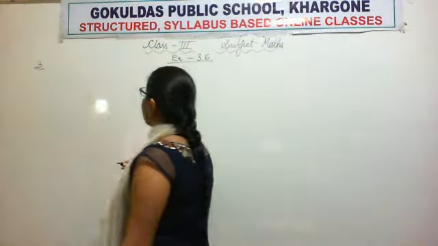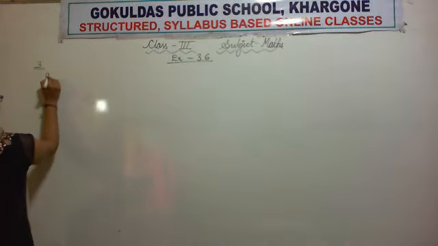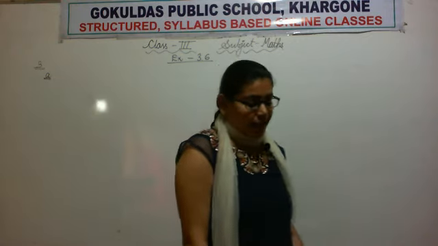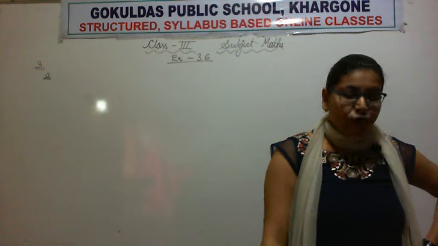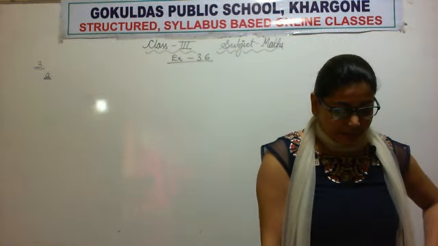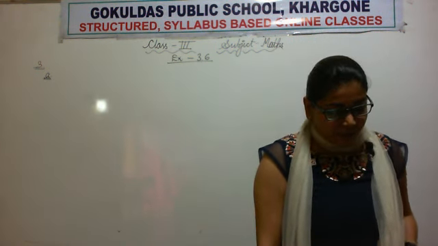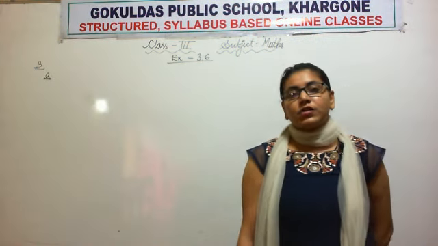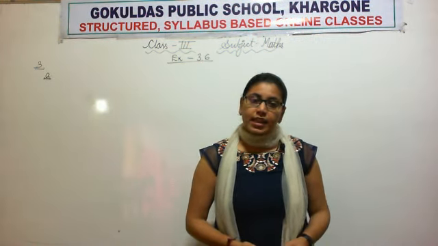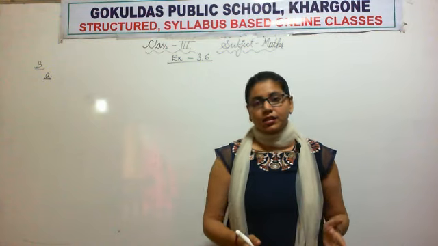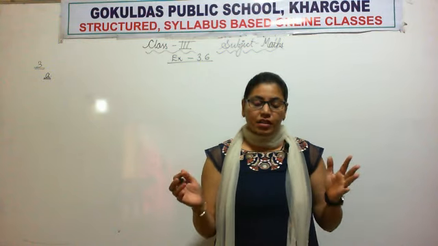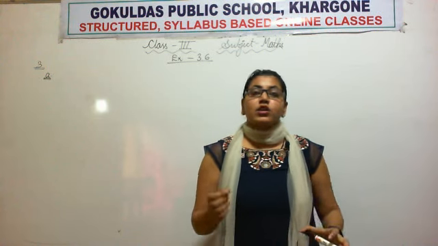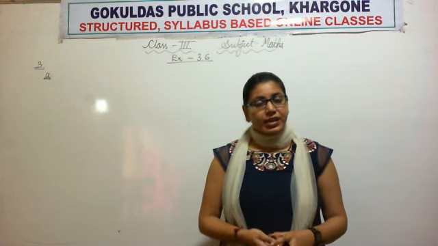So let's start with part A of the same question. Part A is, there are 84 students in a class. If the number of girls is 51, find the number of boys. See students, there is a class and in the class some boys are there, some girls are there, and including all the boys and girls, the total number of students is 84.